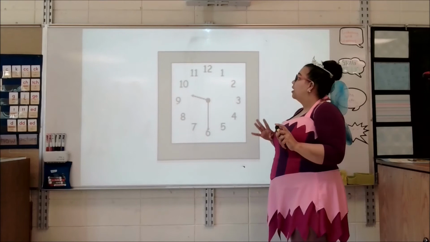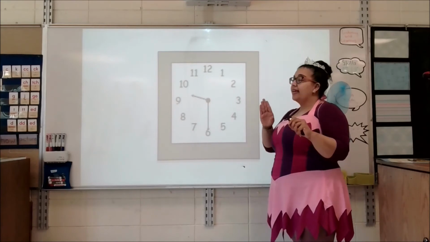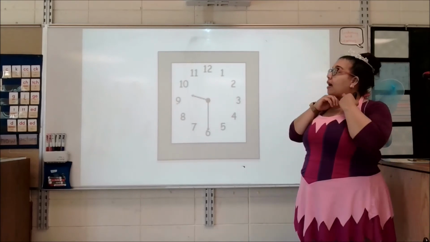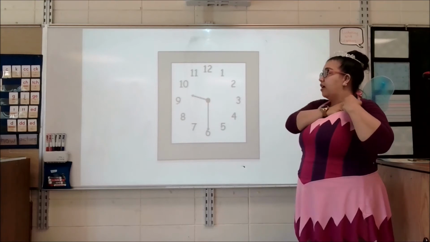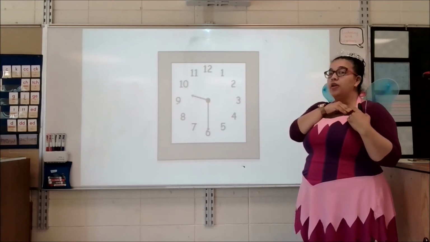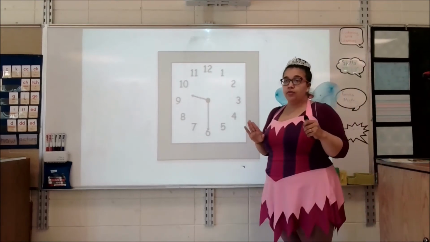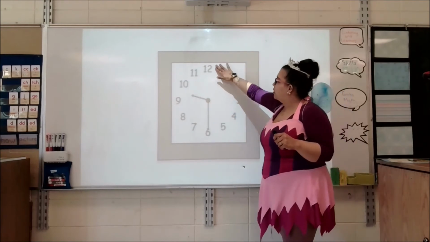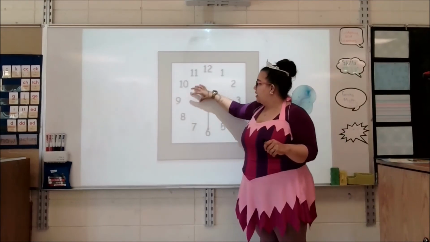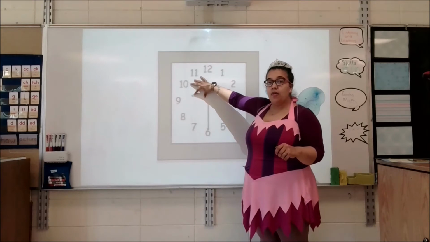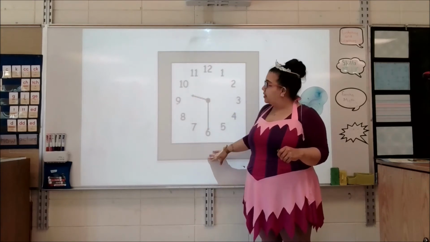So this one here is a square-looking clock. However, the numbers are still there. Can you help me read this clock? All the same rules apply, and we're still going around. We see the hour hand is always the short one. The minute hand is always the long one.